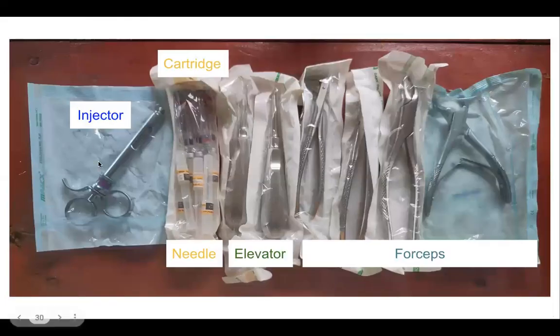There's an injector you need, and this is the cartridge which contains the local anesthetic, and this is the needle that will be put here, connected to the injector. And this is the elevator, and then there are different types of forceps.